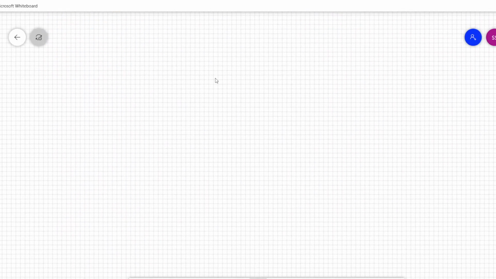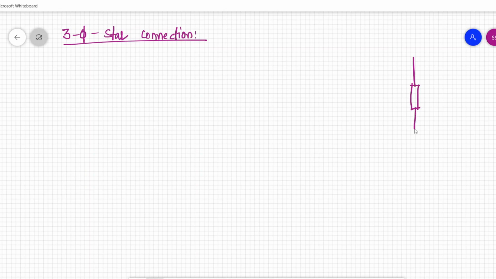Now let us see the star connection, three phase star connection. As it is balanced, the voltages will be equal in each and every phase. That is a point to be remembered. So this is R phase, this is Y phase, this is B phase.